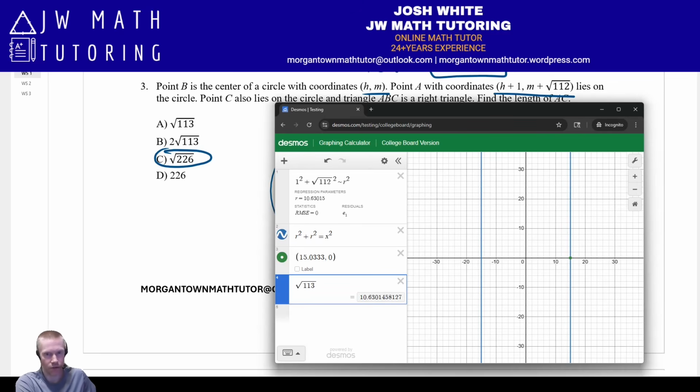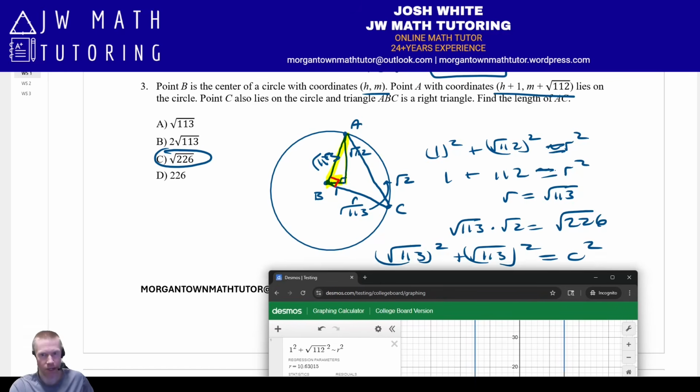So now what you would have to do is go through and type the answer choices. Okay, A is obviously out. B does not match it. Okay, this one looks pretty close, 15.0333. So this is going to be the correct answer, because obviously just 226 on its own is wrong. So that's how you could do it in Desmos. You just have to match up the decimals.